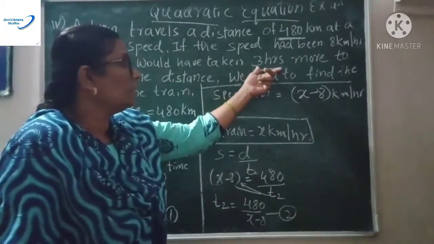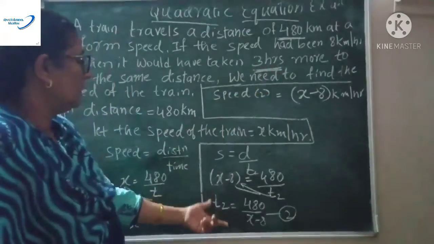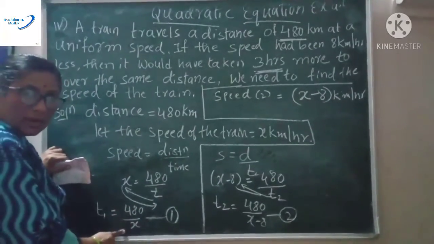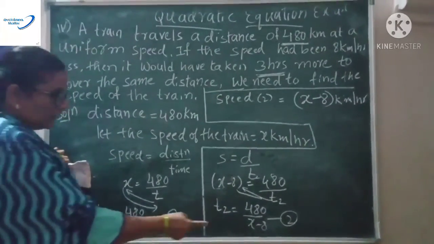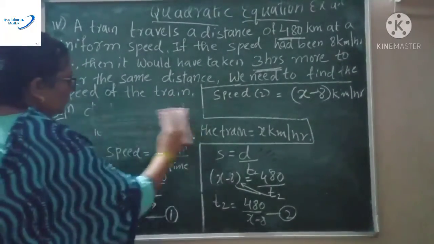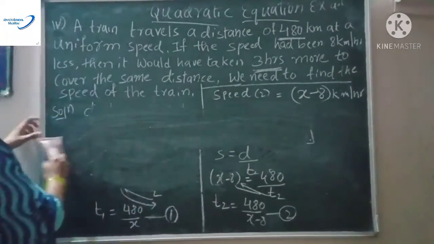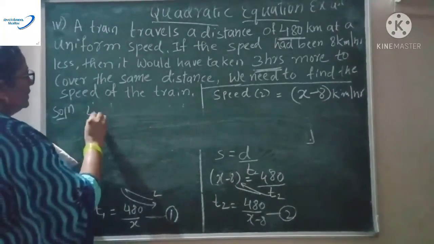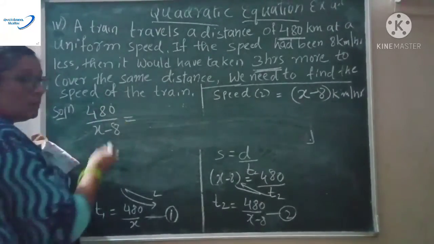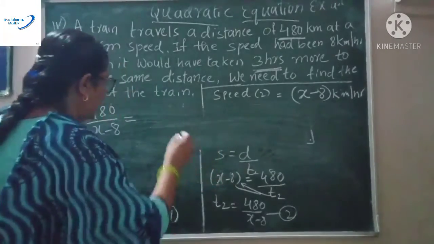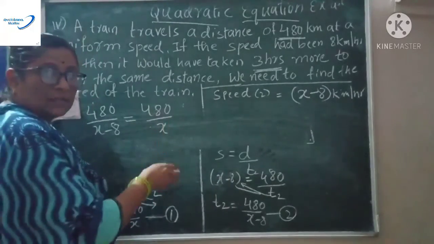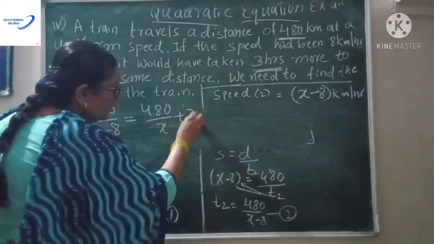So we have to add this 3 hours. The first time taken is 480 upon x, and when the speed is reduced, the second time taken, 480 upon x minus 8, is equal to the time taken by the train at speed x, 480 upon x, plus 3 hours.